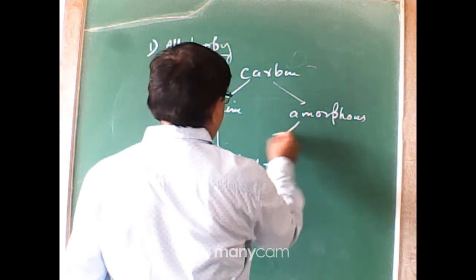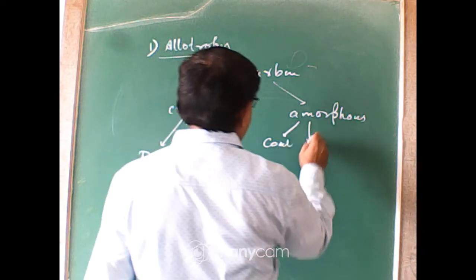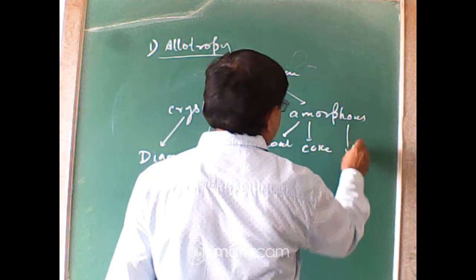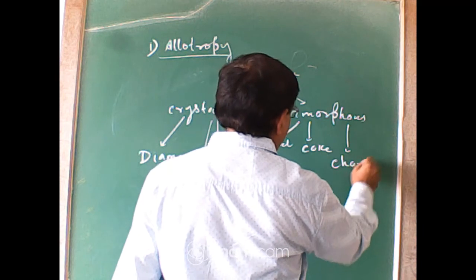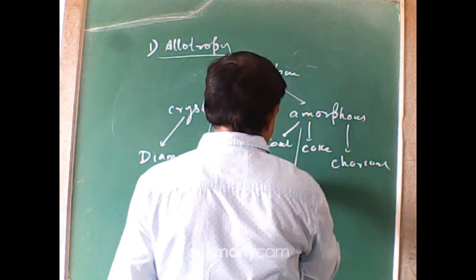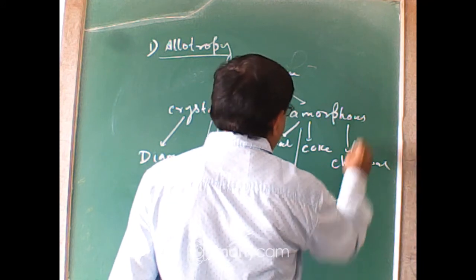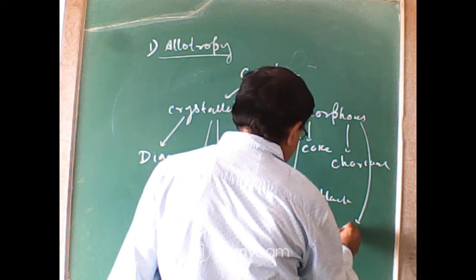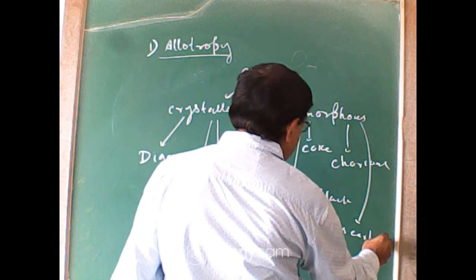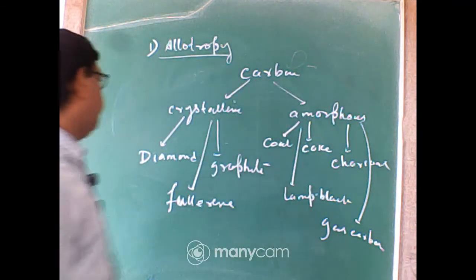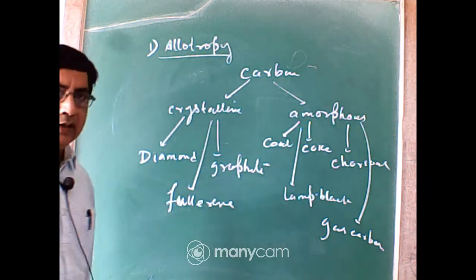Amorphous allotropes are coal, coke, charcoal, lamp-black, and gas carbon. These are the different amorphous allotropes. Now first you study the diamond.